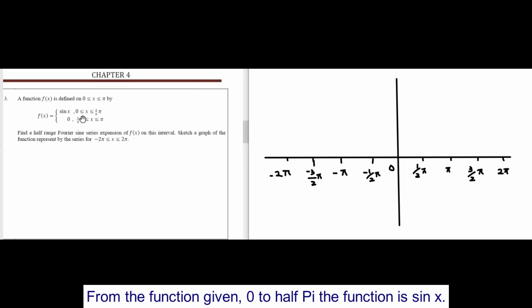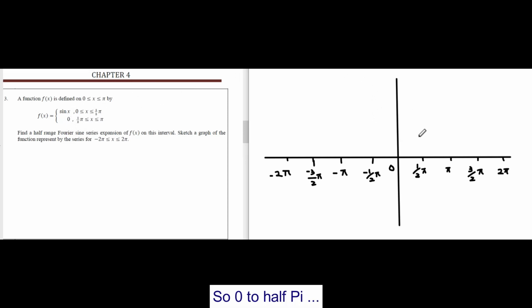From the function given, 0 to half pi, the function is sine x. So 0 to half pi. Sine 0, the value is 0. Sine half is 1.